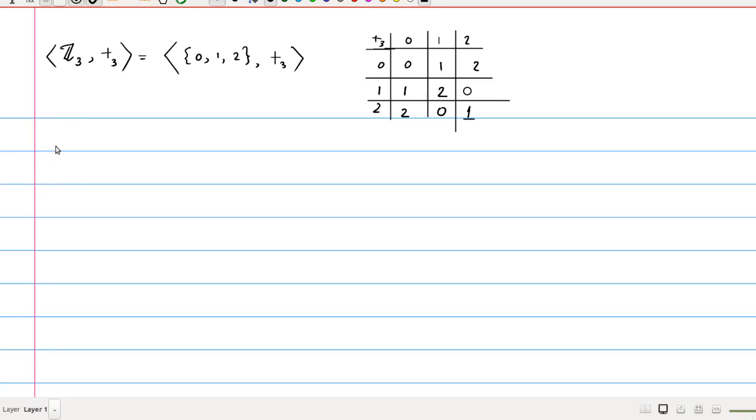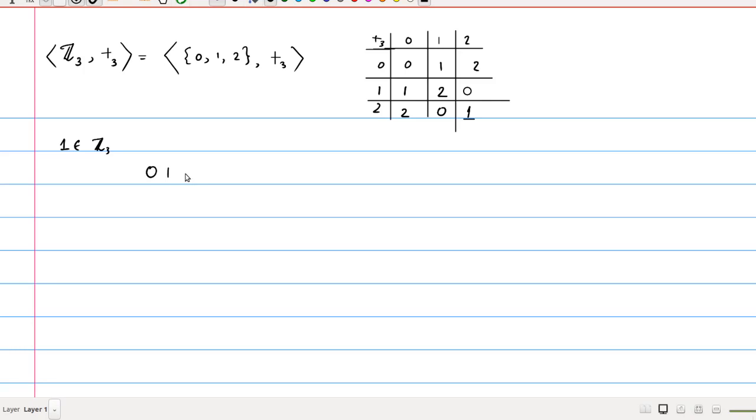I'll fix 1 itself. 1 belongs to Z3. If you take any arbitrary element from Z3, without loss of generality, I take 1 here. Using this 1, we construct permutations corresponding to each of these elements.